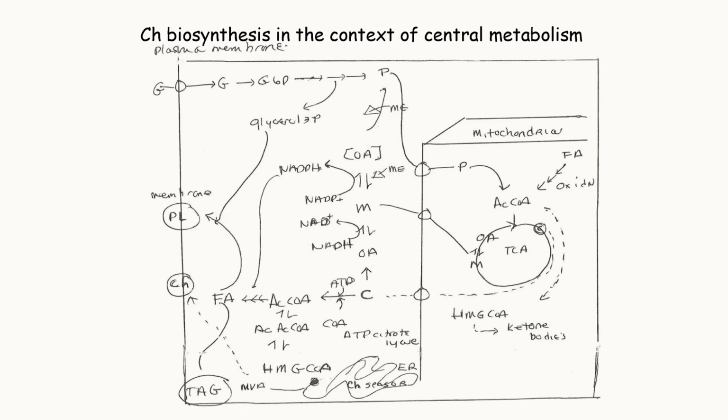So it's bound to the ER, makes cholesterol. And then ultimately, how does cholesterol move? A lot of the precursors to cholesterol stay solubilized and then get distributed to all the membranes. 50% of the cholesterol, for example, is found in the plasma membrane. So that's the big picture.